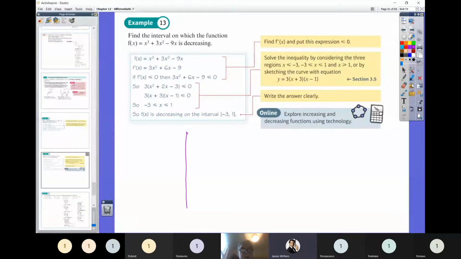So we've got our solutions at x being -3 and x being +1. It is a positive gradient. So what I'm sketching here is the differential.